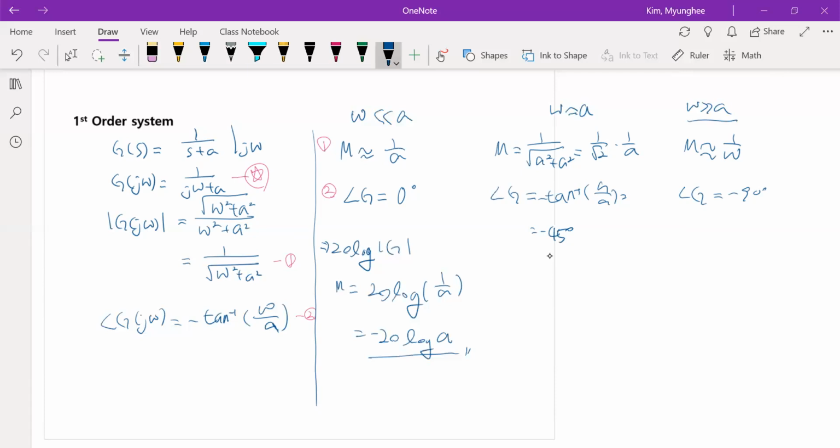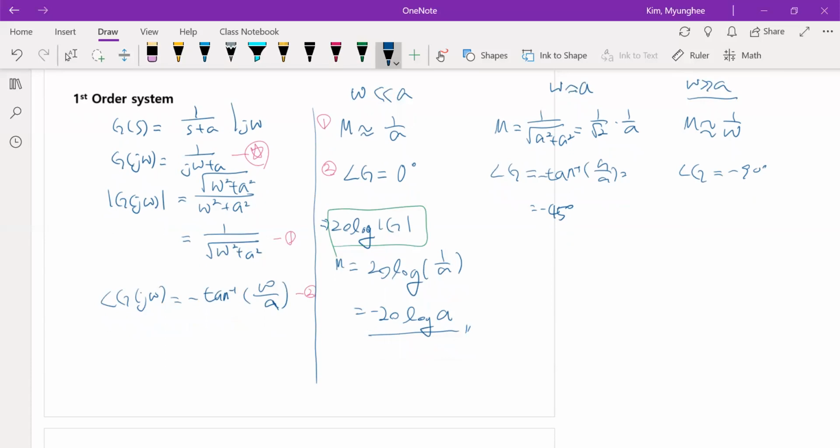And for the case where omega is almost the same as a, the magnitude becomes 20 log of 1 over root 2 times 1 over a. Thanks to the log characteristic, it's easy to calculate. It becomes minus 20 log a minus 20 log root 2. And when omega is very, very much larger than a, now the magnitude is just a function of omega. So the magnitude becomes negative 20 log omega.